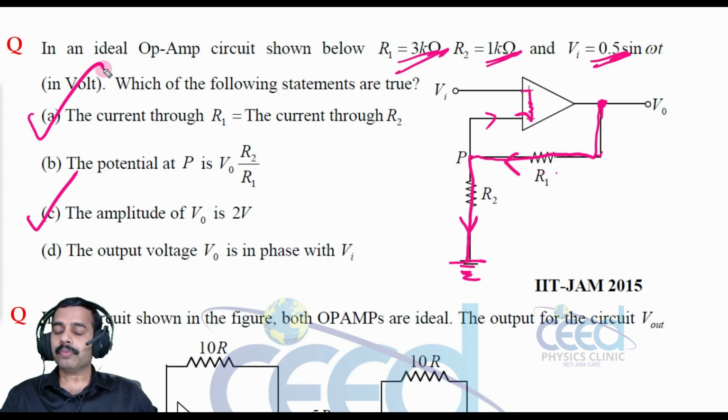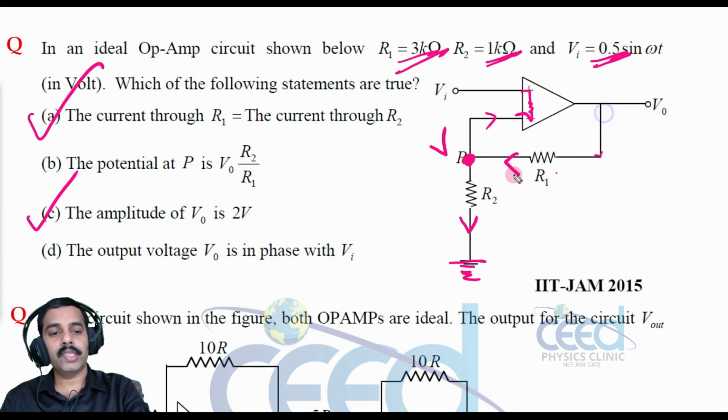All right. The potential at P is, so we are looking to find the potential at P, at this point. Suppose the voltage here is V. What is the voltage at this point? We can solve that from here using Kirchhoff's rule.